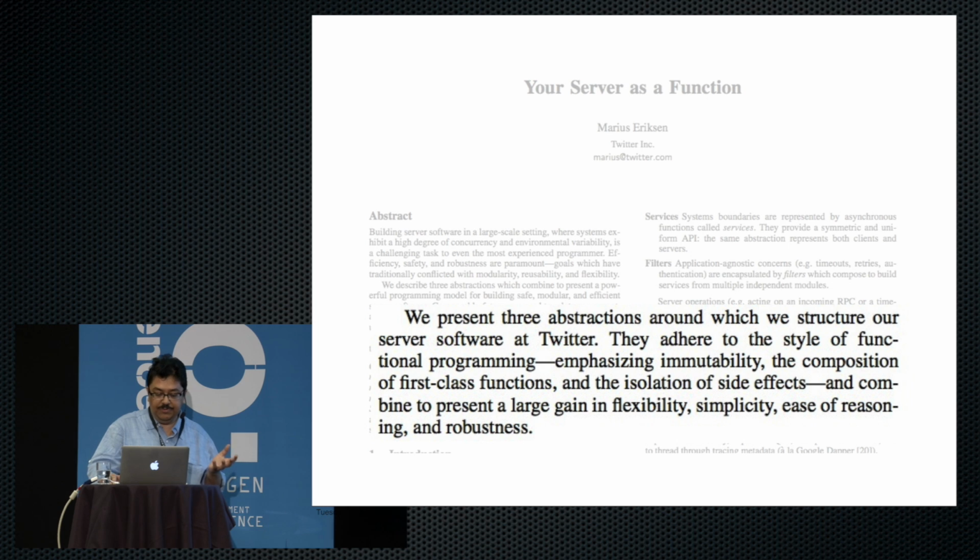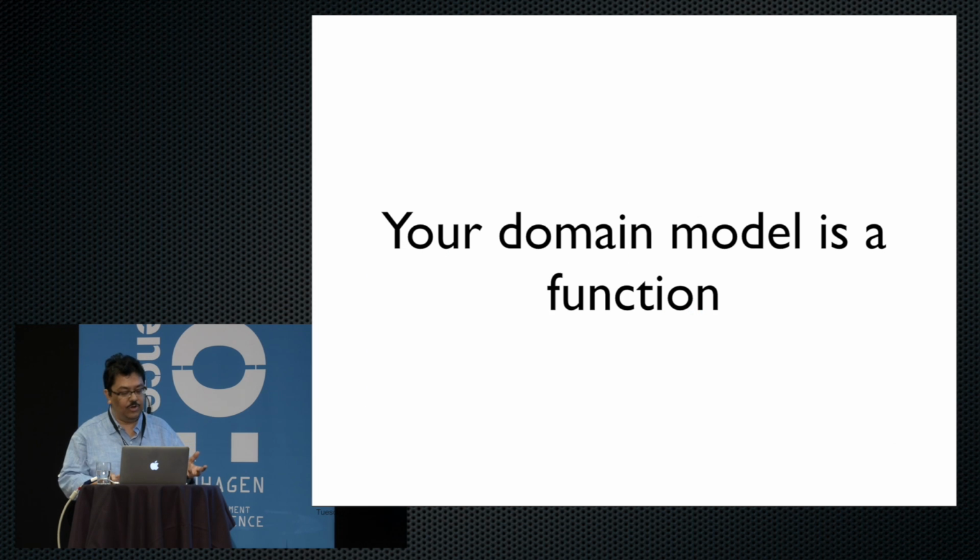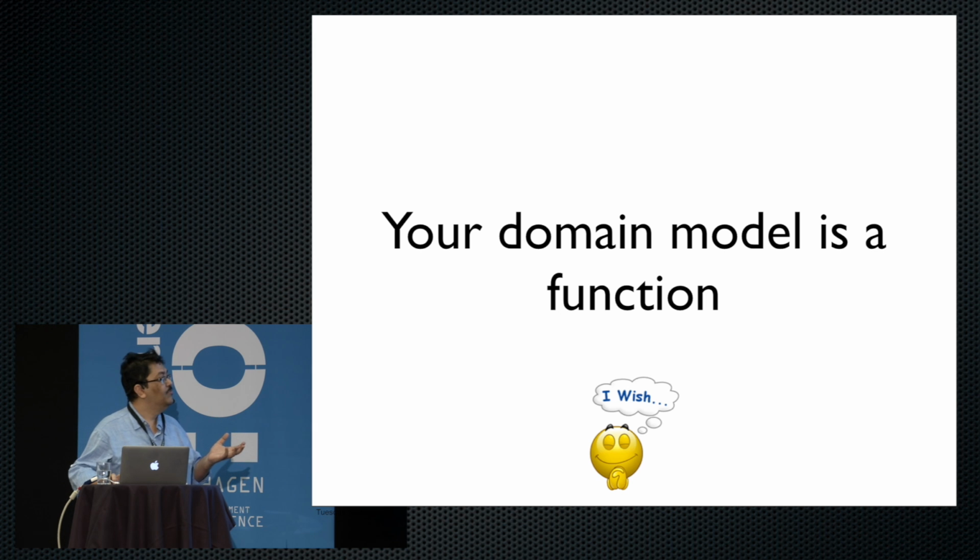These 3 features are futures, services, and filters, which not only compose algebraically, but also gave them the proper substrate for building reactive servers. And if we think of domain models, a domain model is responsible for delivering a bunch of services. So, can we really think of our domain model as a function? Well, it may not be that simple, or a collection of functions.